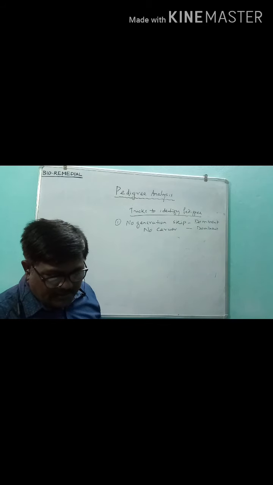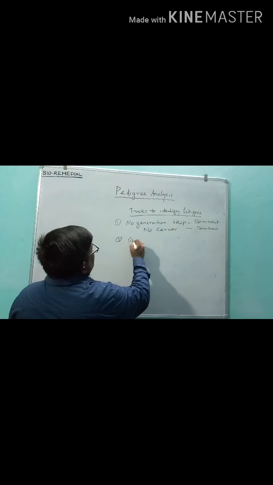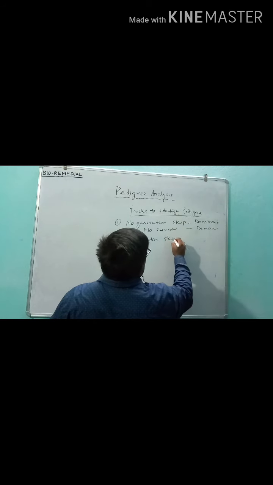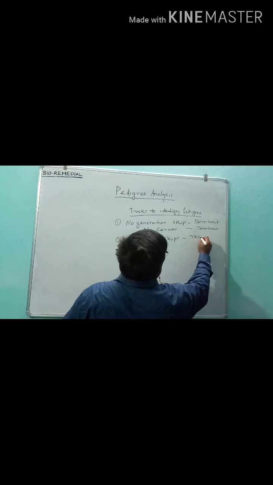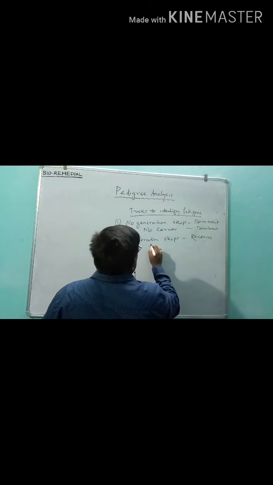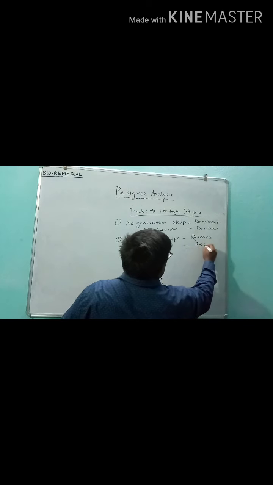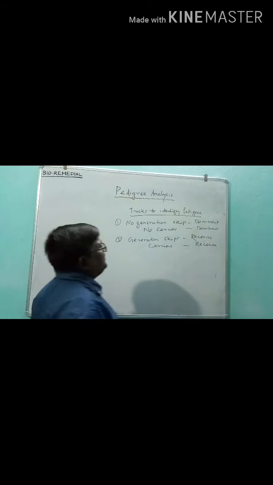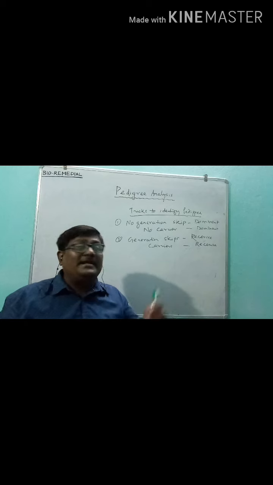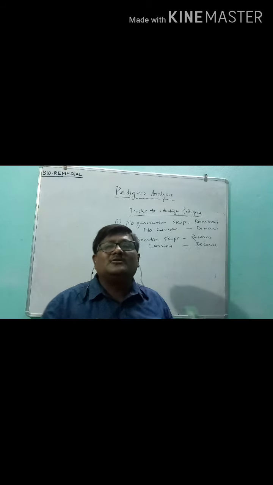The next point is, if a generation skips, then obviously it is recessive, and carriers are found. This is also recessive. So if you find either a generation skip or a carrier in a pedigree, it is definitely recessive, no chance of dominant.